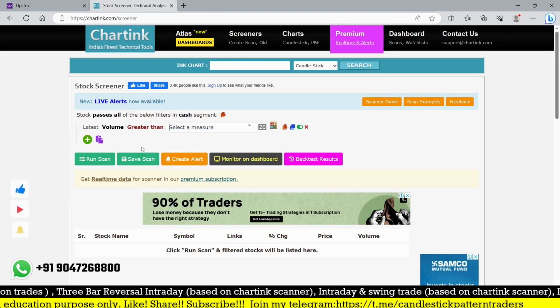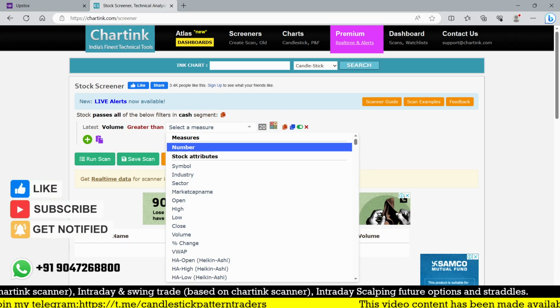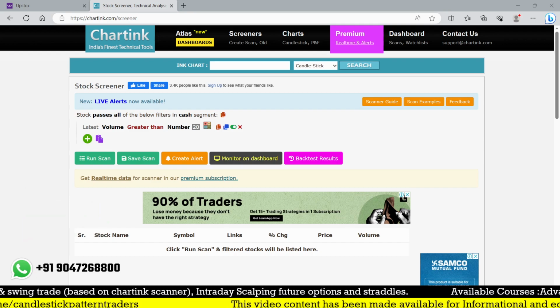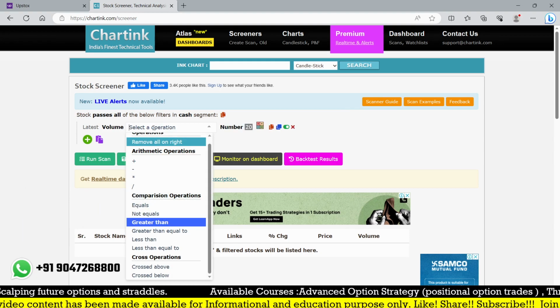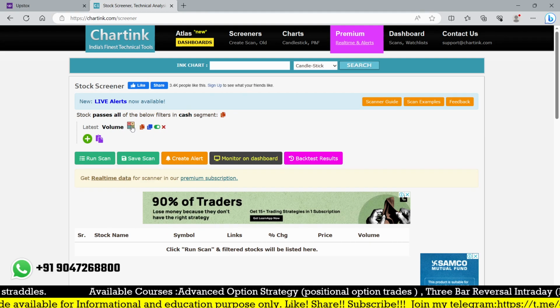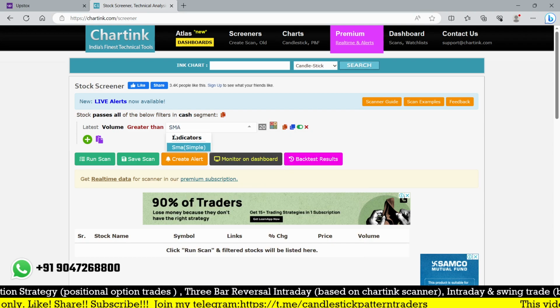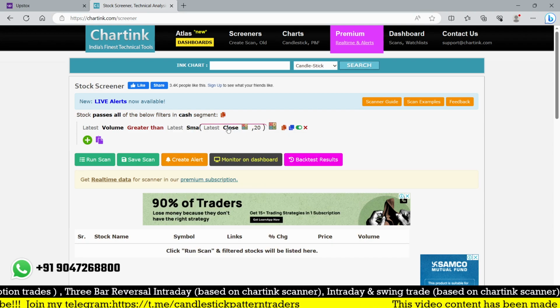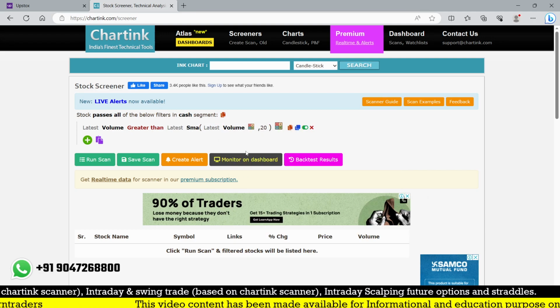It must be greater than the SMA of volume, the simple moving average of volume. Here we can use volume, SMA of volume, and 20.